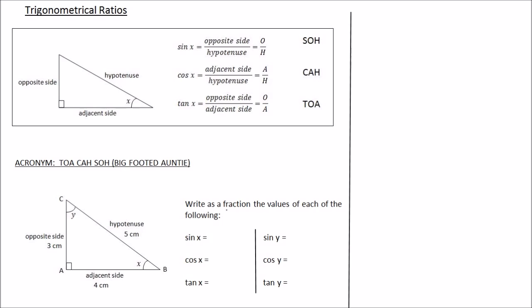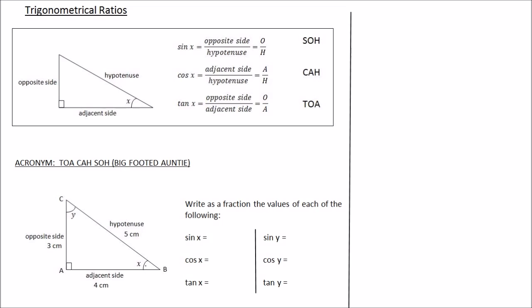Now, we start with a simple question. Write as a fraction the values of each of the following: sine x, cos x, and tangent x, and sine y, cosine y, and tangent y.